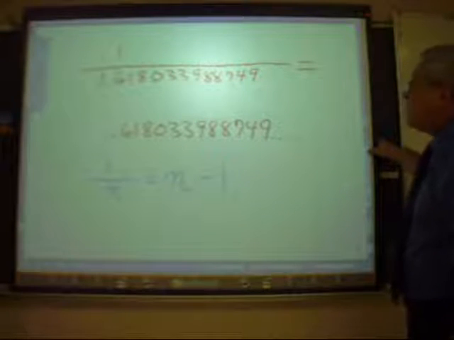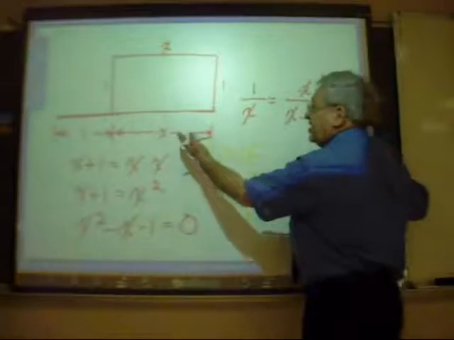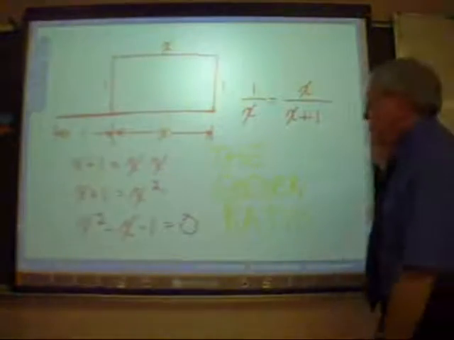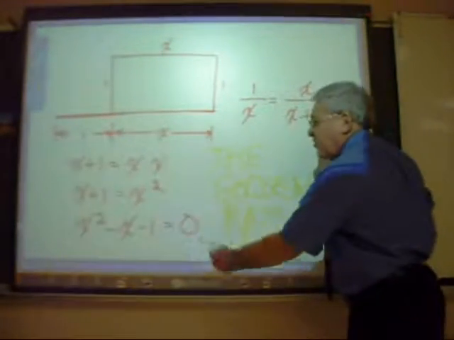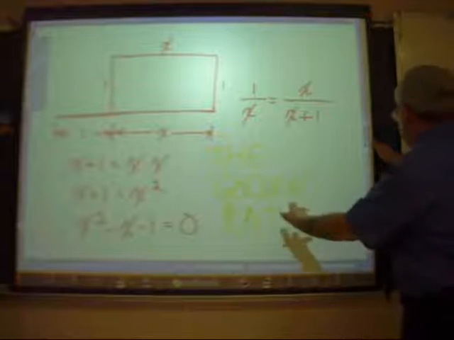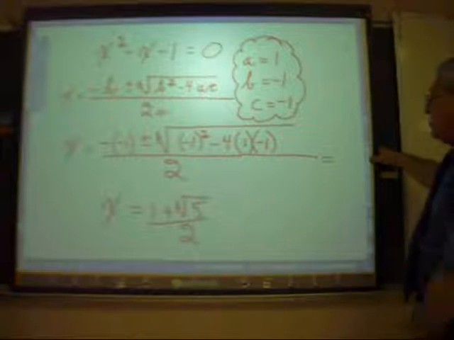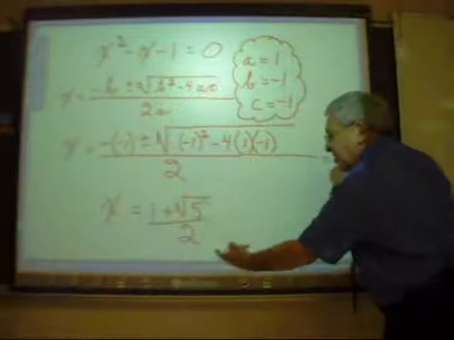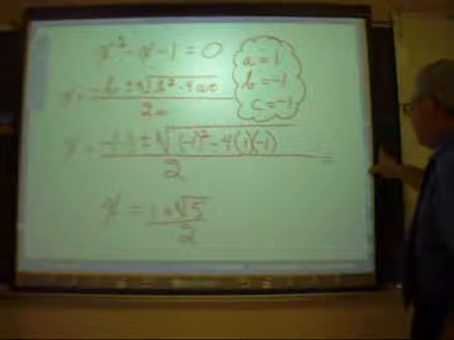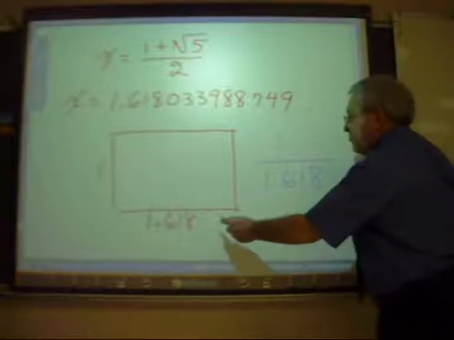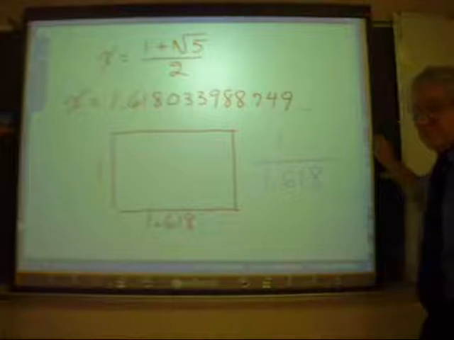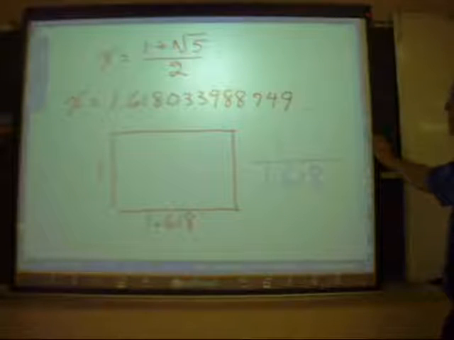So again, we're trying to find the length of this side. We solved the quadratic equation to do it. It's called the golden ratio. We figured out that this is the answer exactly, and here's what it really is that we can use, 1.618.